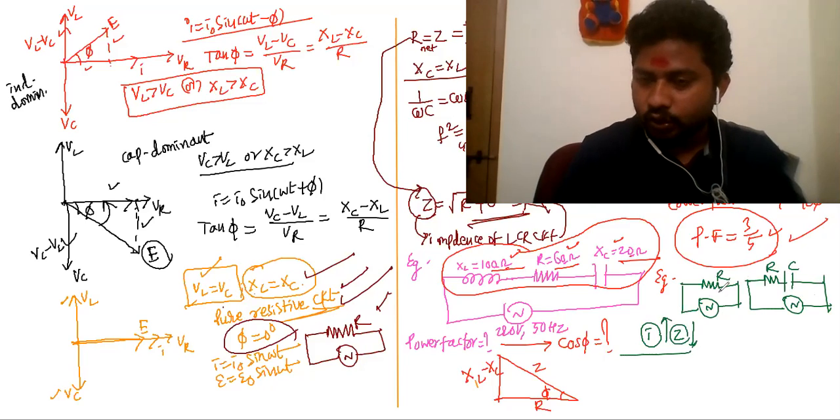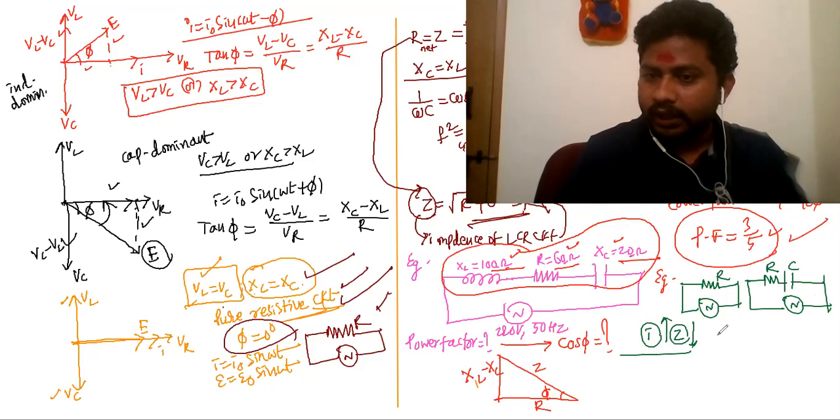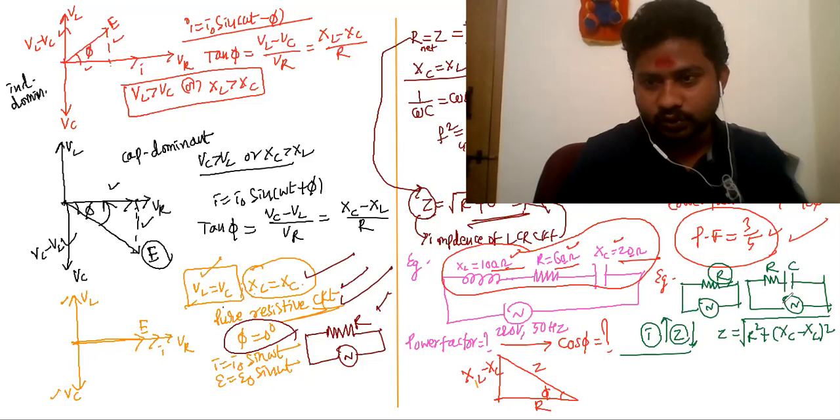Remember this. Let us calculate the impedance. Initially, the impedance is just the resistance value. In the second case, Z is equal to square root of R square plus XC minus XL whole square.